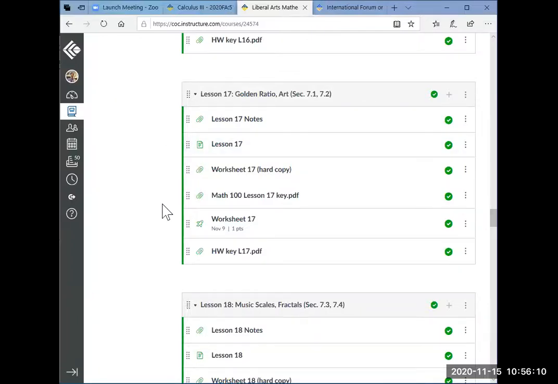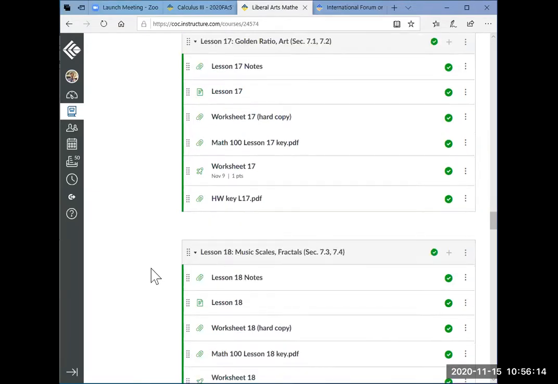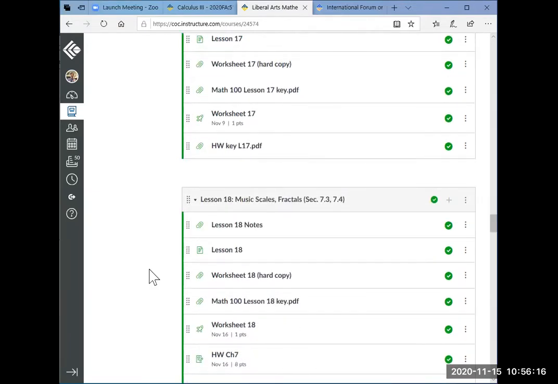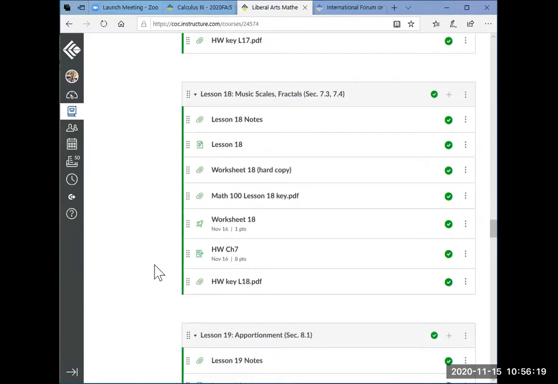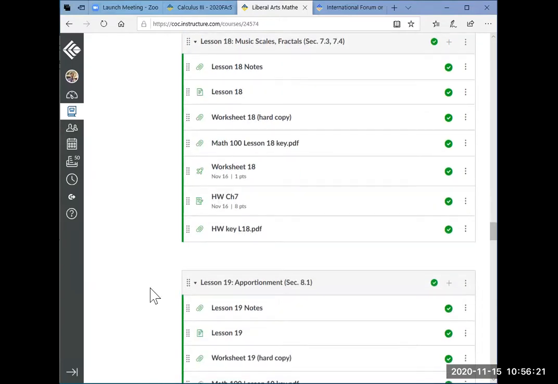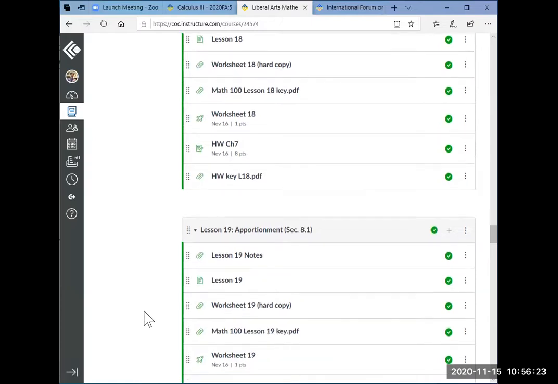So this past week you had two lessons that you were supposed to have studied: lesson 18 on musical scales and fractals, and then lesson 19, how appropriate, on apportionment, which is the question of how many people should represent each state in the Congress.